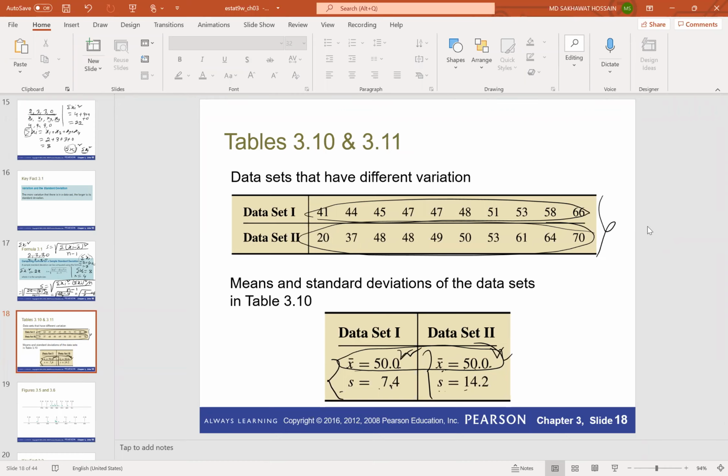So the first dataset is centered around 50 and very dense, but the second dataset is widespread, not dense. We get that information from these two pieces of information. That's why we need to know about the variation.